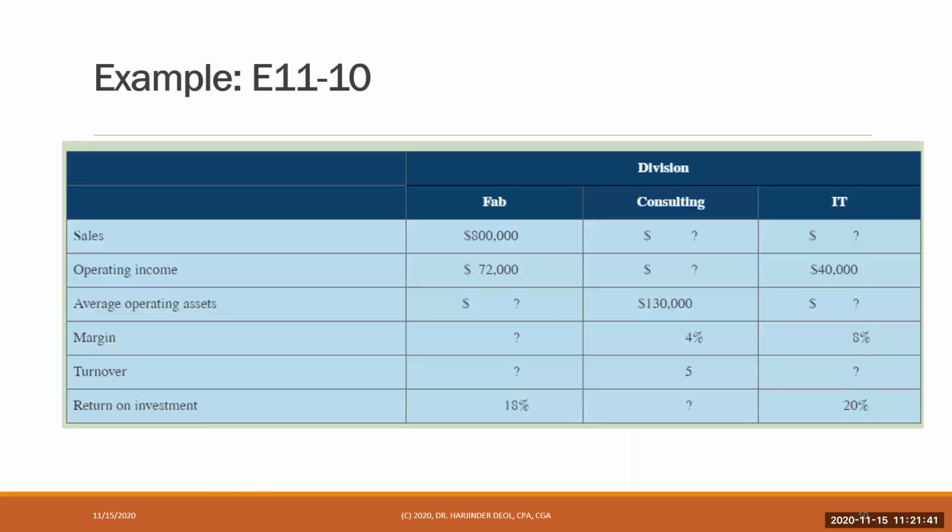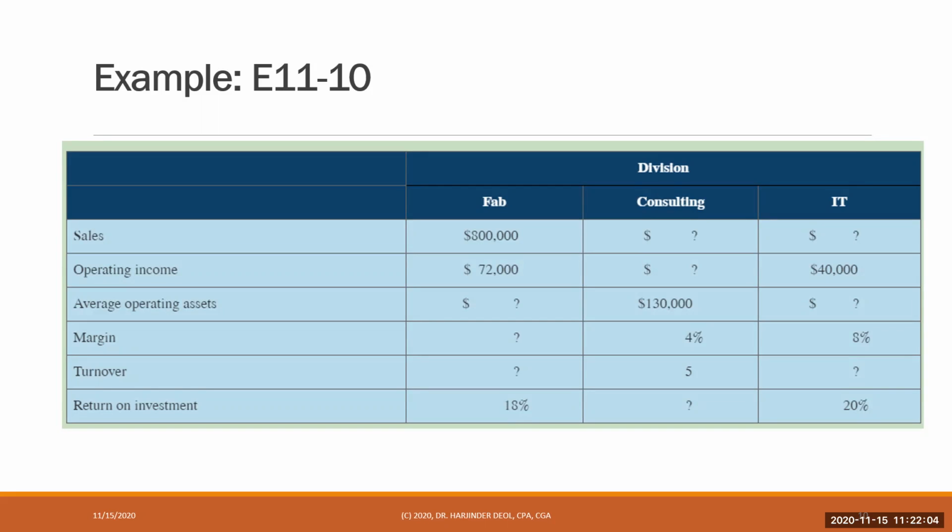Here's a look at an example from the textbook. We're given some information about 3 divisions of a company: the Fab division, the consulting division, and the IT division. And you have information on sales, operating income, average operating assets, margin, turnover, and return on investment.